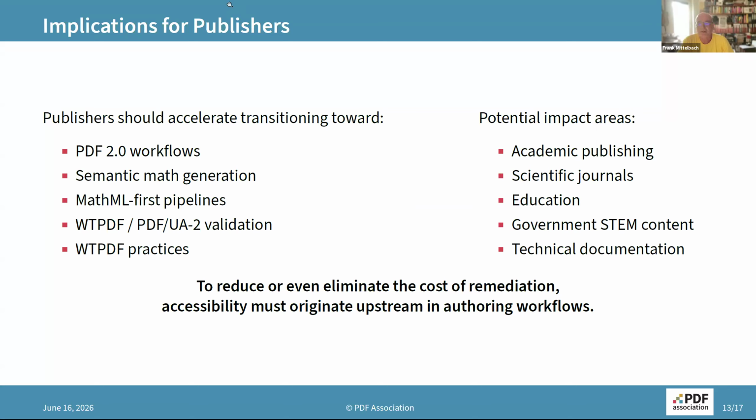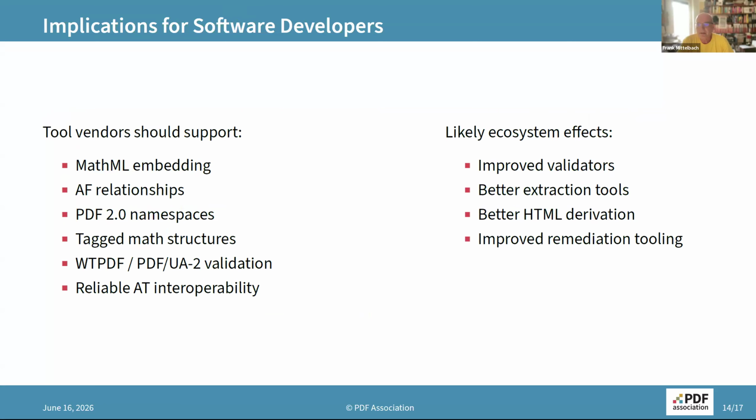This will, first of all, greatly enhance the accessibility of the documents, but also it will help them to reduce remediation efforts to make things accessible, and therefore also, of course, reduce the costs. That will have a huge impact to various parts in the STEM arena: education, scientific, government, technical documentation, and so forth. Next slide, please.